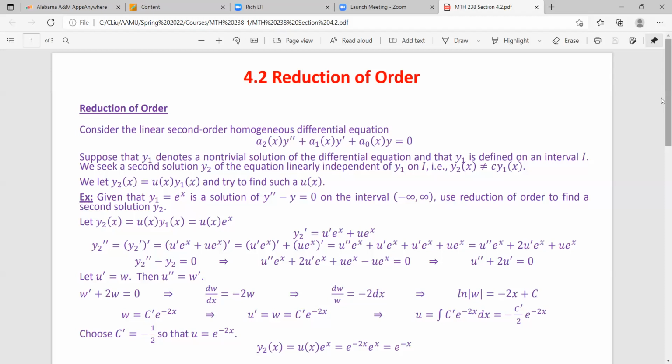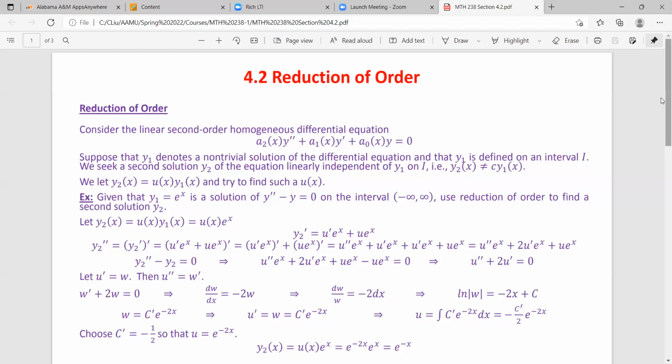So now we're going to do another substitution. We're going to use w to denote u prime, since we know u prime is a function of x. So we just use another notation. Okay.